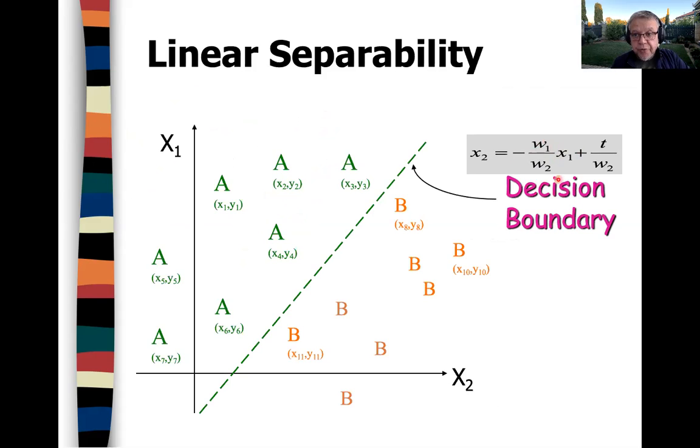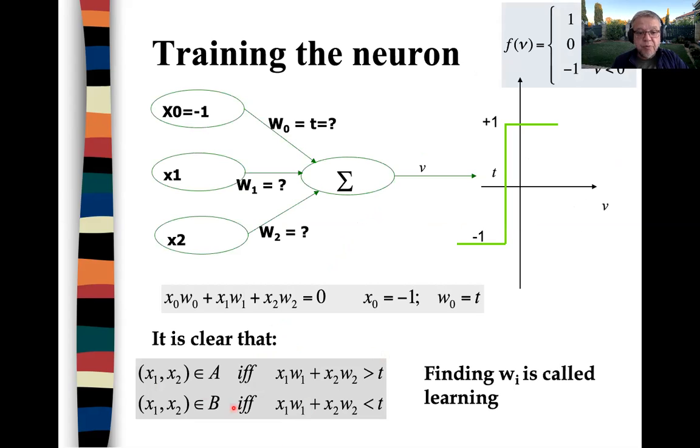So we find W1, W2, and T, which helps us to classify the samples which belong to class A and the samples which belong to class B. If X1 and X2 belong to class A, then X1 W1 plus X2 W2 is greater than T. If it belongs to B, it is less than T. Training your neuron will consist of finding the Wi's.